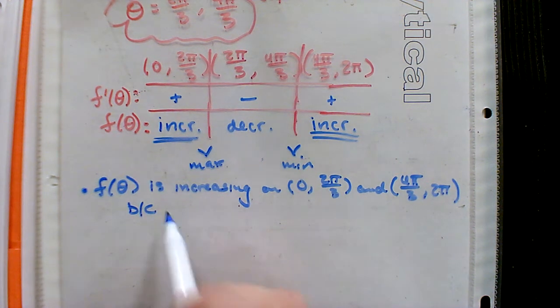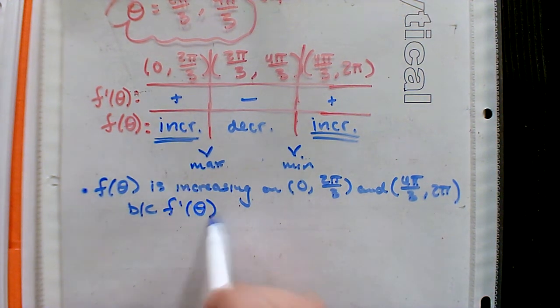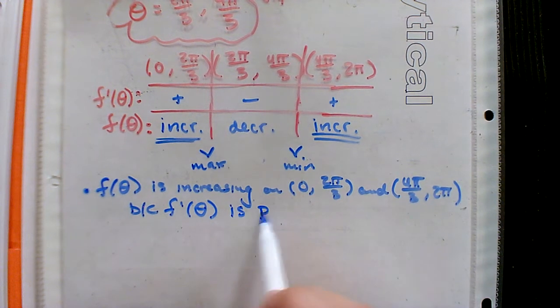Good, Braden? F prime of theta is positive. The slope, yep, f prime of theta is positive.